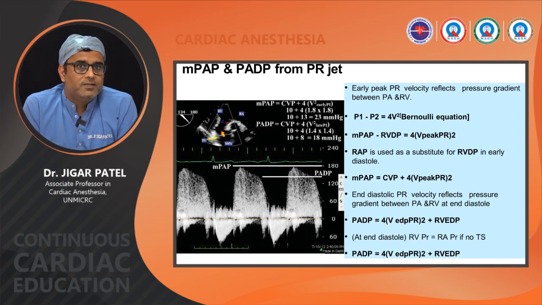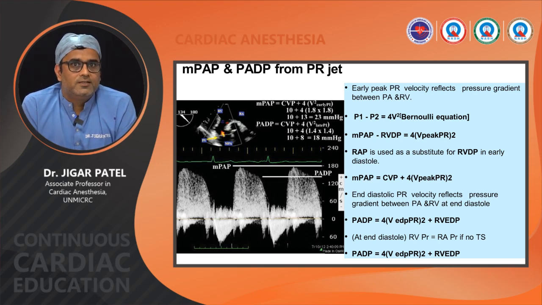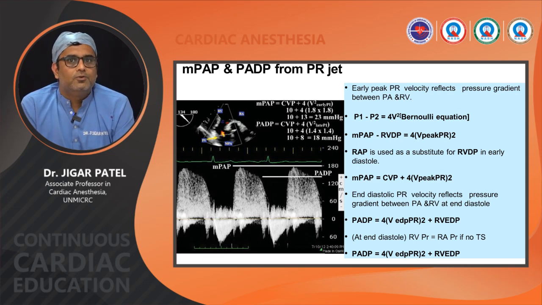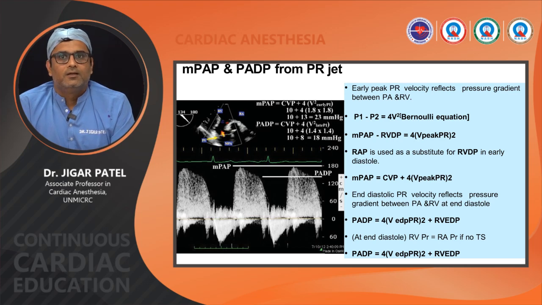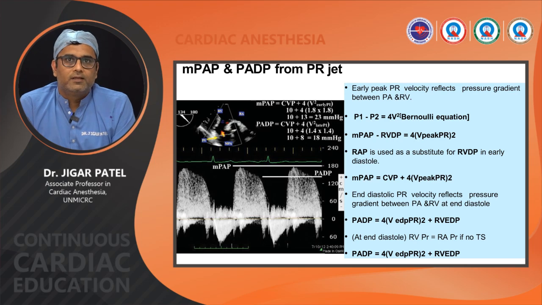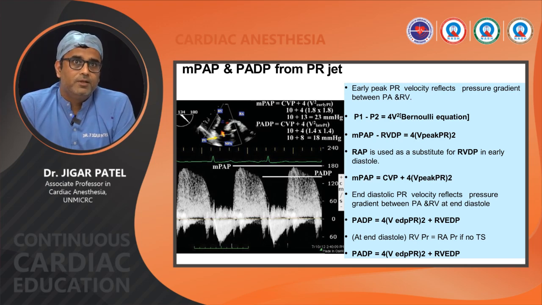Similarly, you can measure end PR velocity, and this end diastolic PR velocity reflects the pressure gradient between pulmonary artery and RV at end diastole. If there is no obstruction across the tricuspid valve, then RV end diastolic pressure is equal to RA pressure or CVP. So you can get pulmonary artery diastolic pressure and mean pulmonary artery pressure by measuring the velocity of the PR jet.